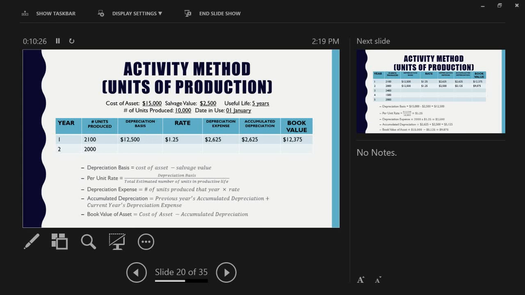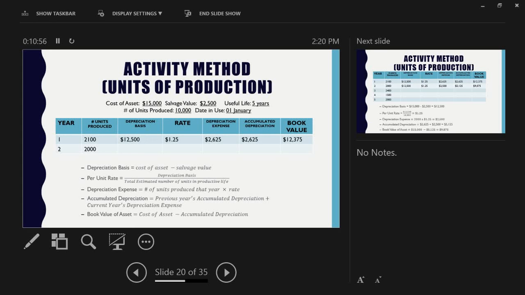So we add 2625 plus our new one, which was 2,500. That would be 5,125. Correct.